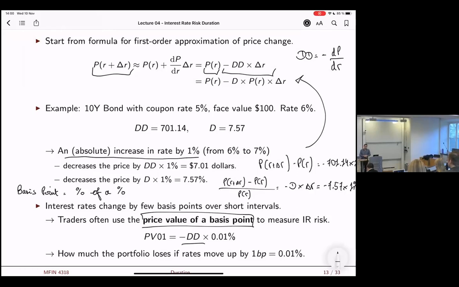If you look at textbooks, you will find many different variations of that. Some people use different measures. What really matters is that you know what it means, that you focus on modified duration, or what sometimes I would call just duration, that you know that if the duration is D, it means that if interest rates increase by 1%, the value of the portfolio decreases by D%. And of course, it's a linear approximation, so it's also going to be true on the other side.